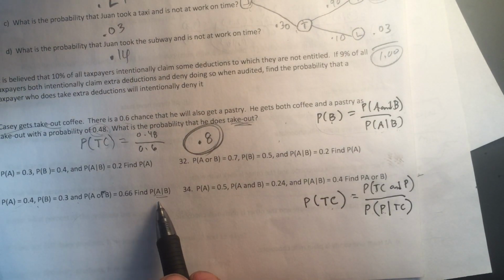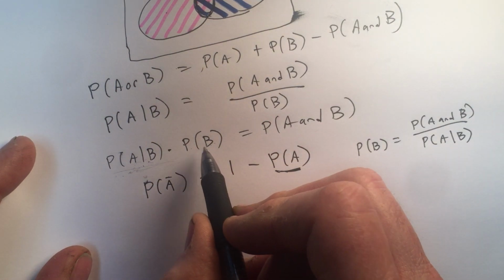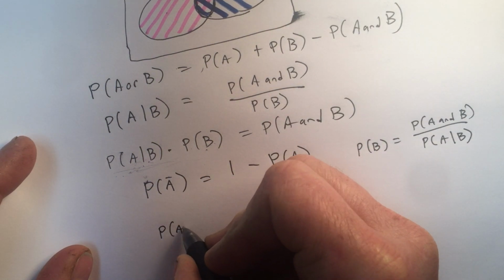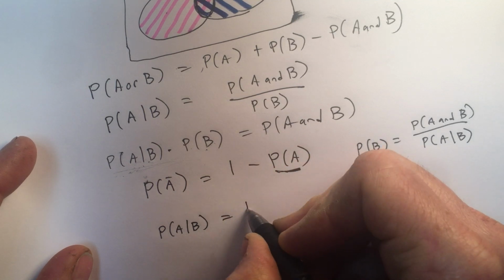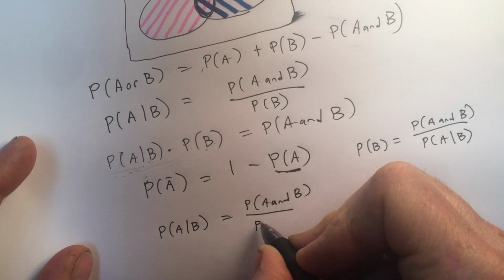Now it says find the probability of A given B. So if I take this right here and I divide both sides by the probability of B, I get this. Probability of A given B is going to be the probability of A and B divided by the probability of B.